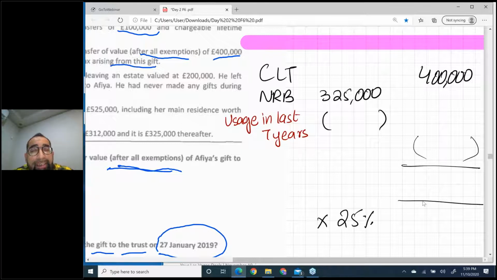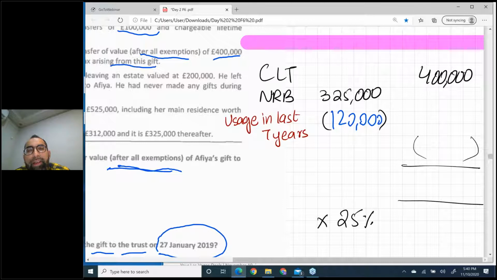In the last 7 years, yes, you calculated tax on something. There was some CLT, we just read the question, and that CLT was 120,000. So you have to reduce your NRB by 120,000.